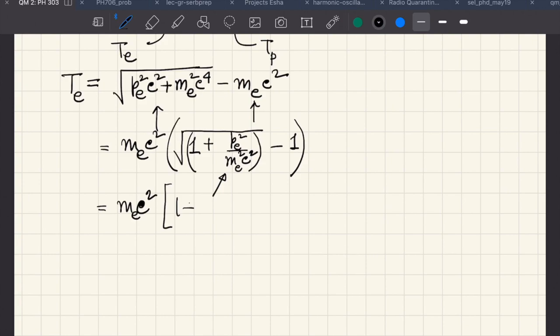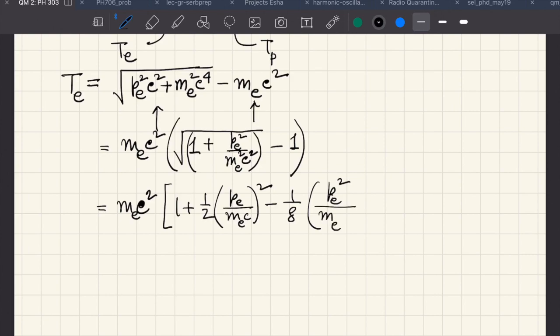then we have 1 plus half Pe by me c squared, minus 1 by 8. We are doing a binomial expansion. Pe by me c, the whole to the power 4, plus dot dot dot, minus 1.